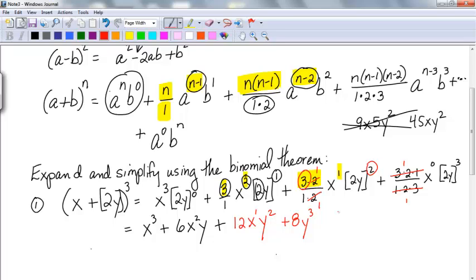Now, you should go back and look at this a little bit. Look at the exponents on the x: x to the 3rd, x to the 2nd, x to the 1st, x to the 0 if it's not there. Look at the exponents on the y: this would be y to the 0, y to the 1st, y to the 2nd, y to the 3rd. What do all the exponents add up to?